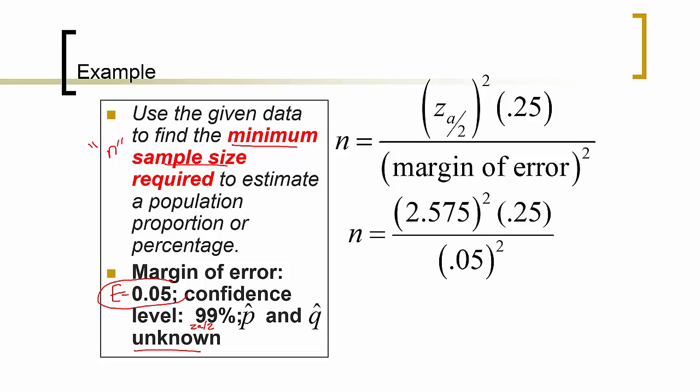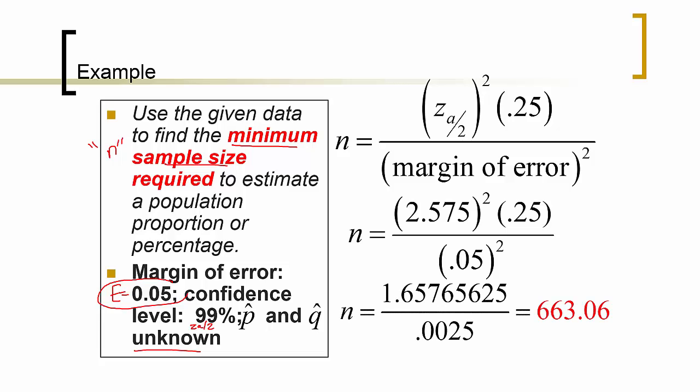So I have 2.575 squared times 0.25 divided by 0.05 squared. Instead of typing this all in the calculator in one step, you could estimate separately, and you get 663.06. Always round up, so we need 664 in our sample.